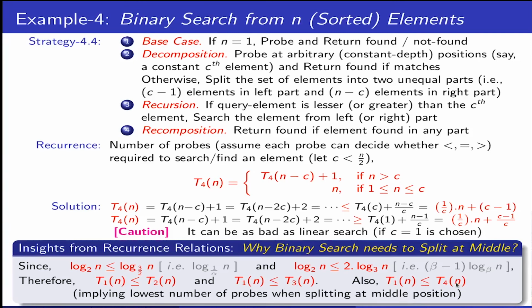Now it is better than even arbitrary splits. Now we will use the power of recurrence relations to understand why binary search always splits in the middle. I have not implemented it. I have just calculated by our own knowledge of recurrence, unfolding, substituting, averaging, and then proven why binary search is better to split in the middle.